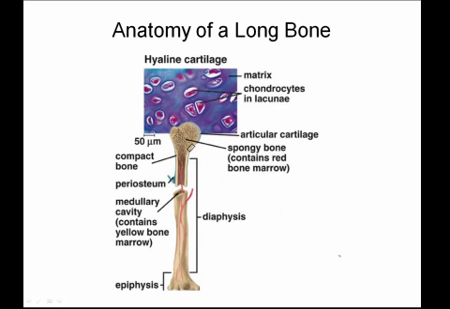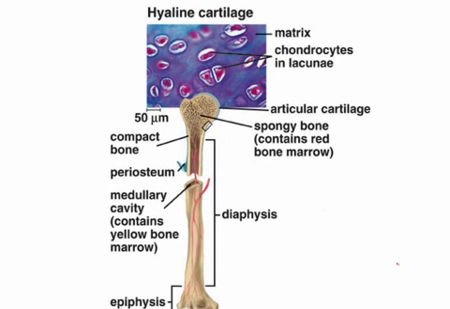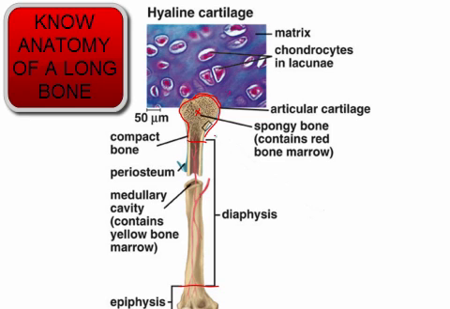This is the anatomy of a typical long bone. This would be the humerus, the bone of the upper arm. The long shaft is called the diaphysis. This diaphysis is thick, compact bone, and then the ends of the bone are called the epiphysis. The epiphysis contains spongy bone in the middle, and then there is a thin plate of compact bone around the outside of the epiphysis, and there will be some hyaline cartilage on the end of the epiphysis, and this is to make a nice smooth surface for a joint.